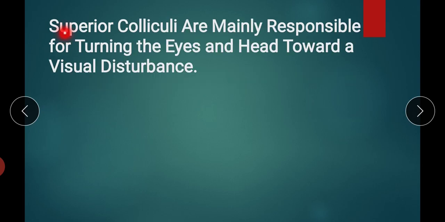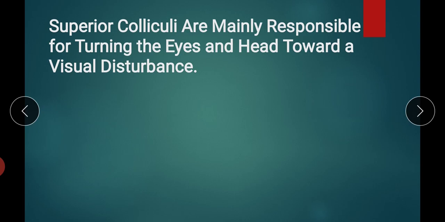Now the role of the superior colliculus. The superior colliculus is mainly responsible for turning the eye and head towards a visual disturbance. Though it is a very small area, it has one of the highest blood supplies per gram of tissue compared to other brain areas.